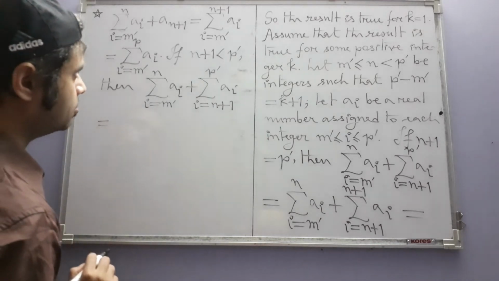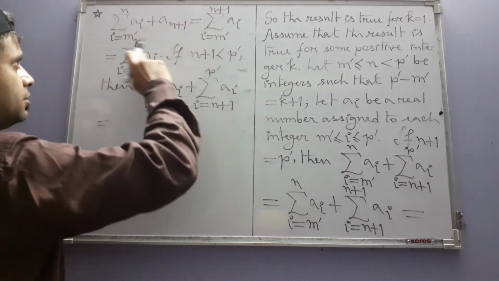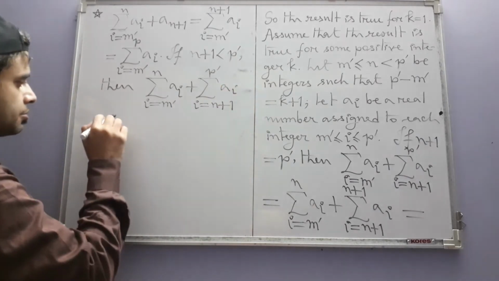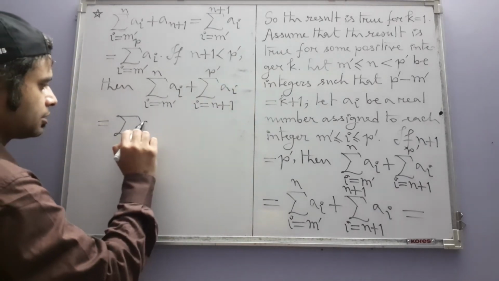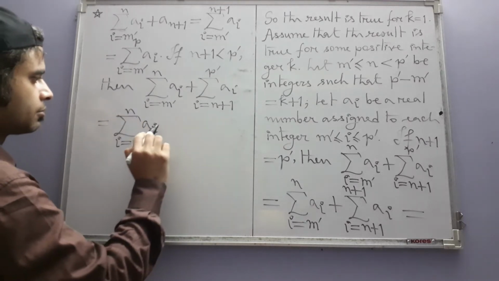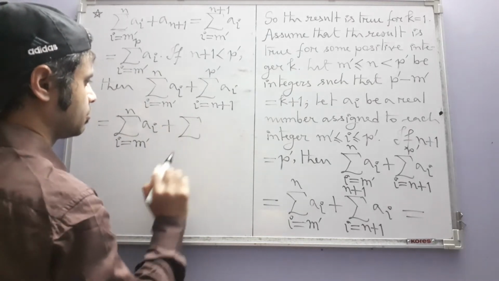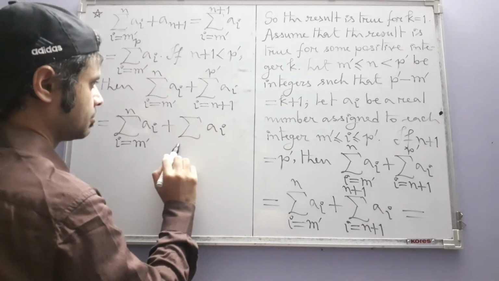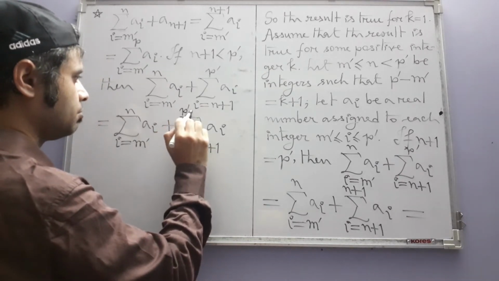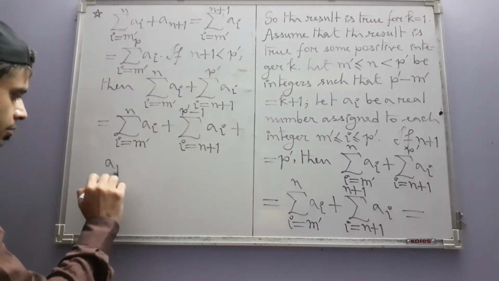Now here what we do, we apply the definition to this second series, keeping the first series intact. So here we will write summation ai, i equal to n plus 1 to p prime minus 1, plus a p prime.